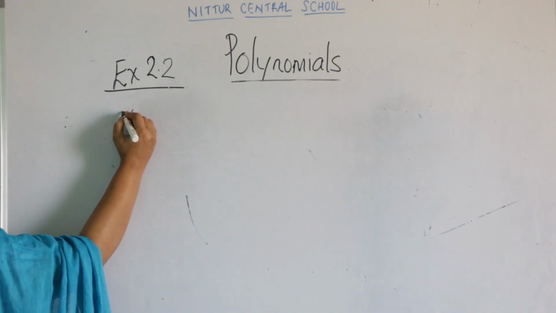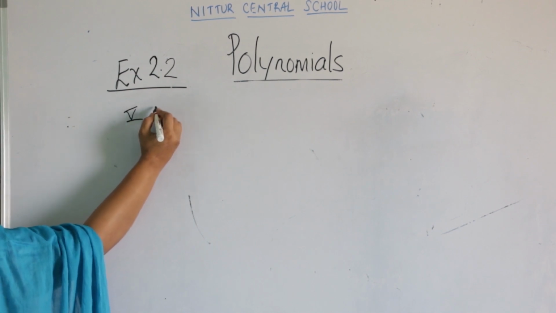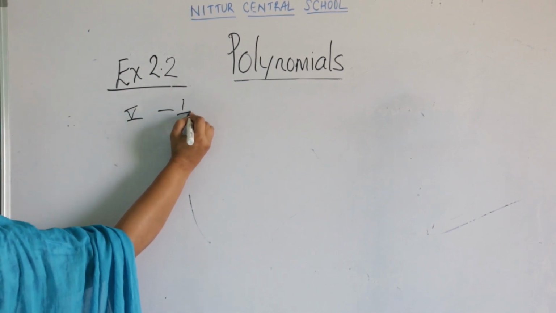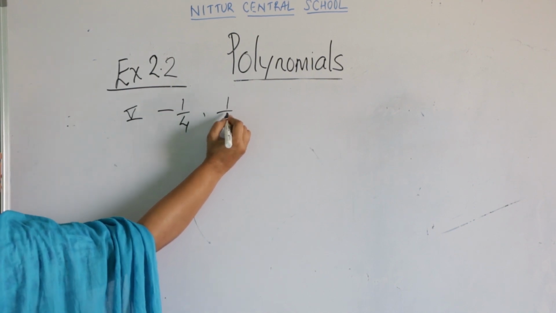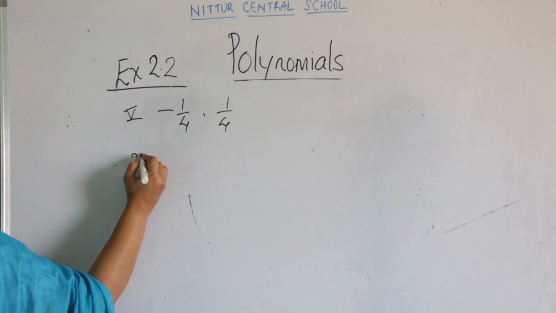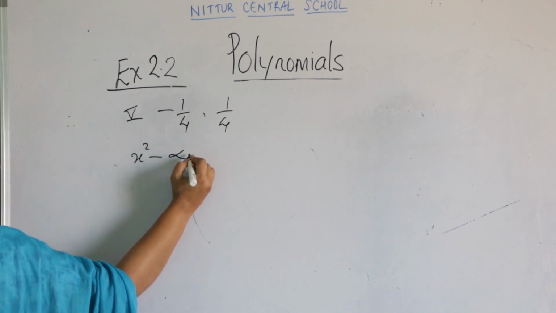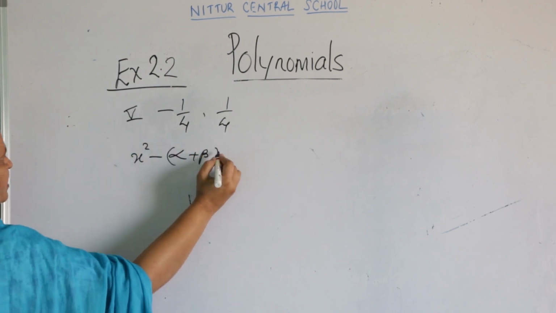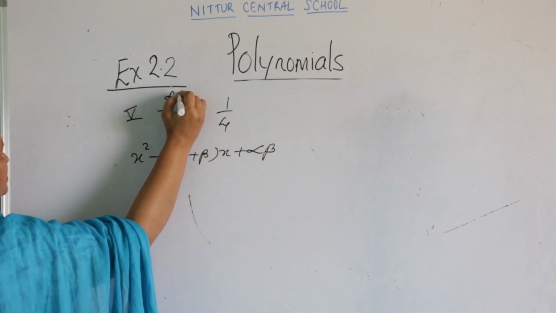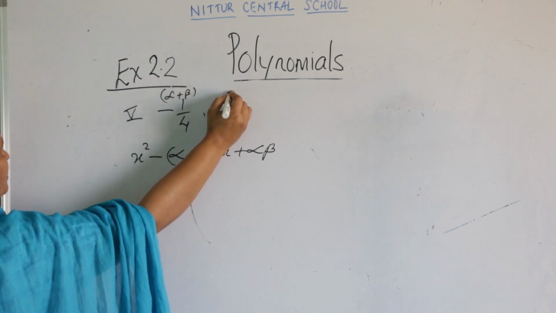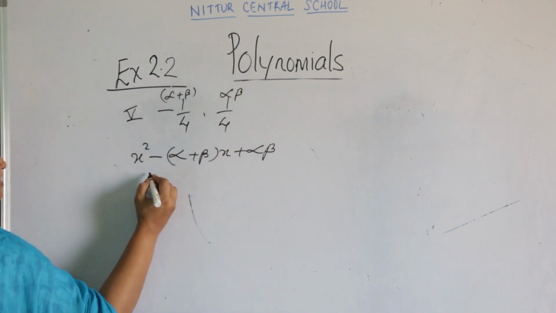Okay, next. The fifth problem, we have minus 1 by 4 and 1 by 4. So x square minus alpha plus beta x plus alpha beta. So this is our alpha plus beta, this is alpha beta.